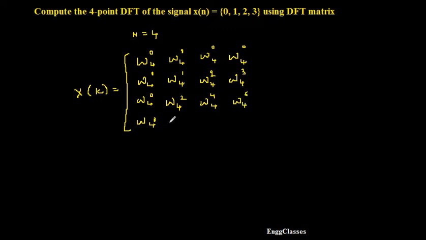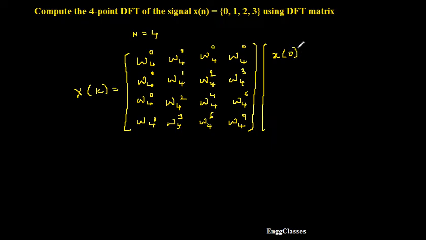And in the last row I'm going to have w4 to the power 3, w4 to the power 6, w4 to the power 9. We must be aware of these terms, and this is the matrix which we already know. That gets multiplied with the signal, that is x of 0, x of 1, x of 2, and the last term is x of 3.